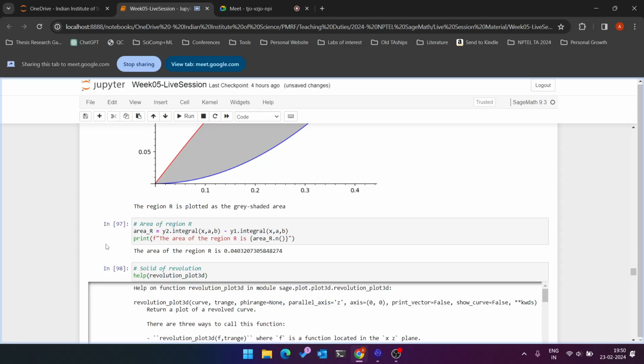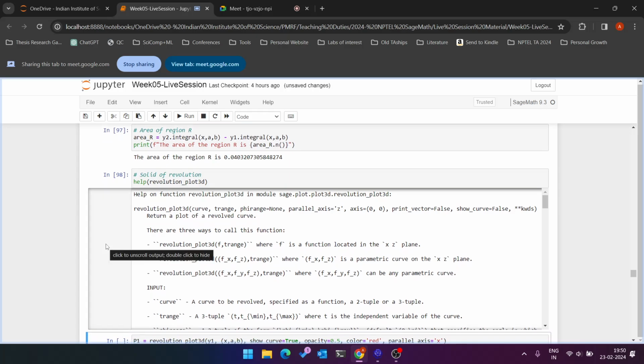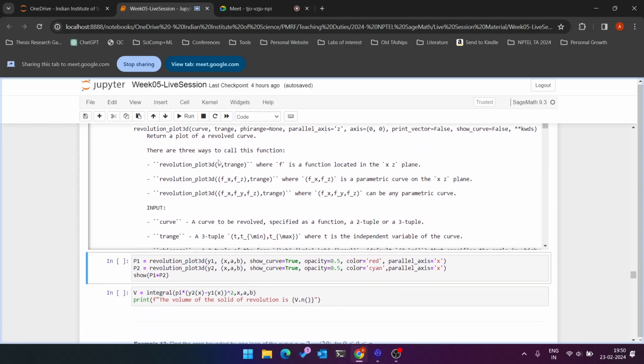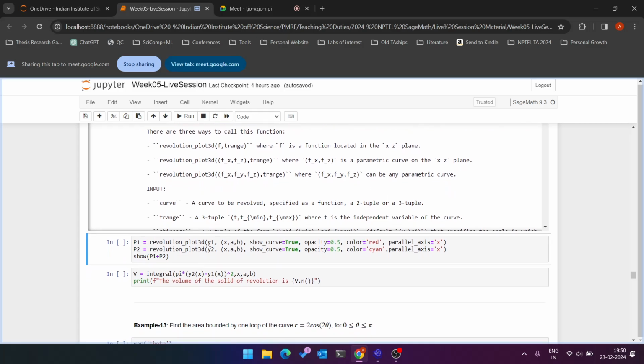Next, we have been asked to plot a solid of revolution. That is done using revolution plot 3D. I think I've already used this above. So we'll be providing it with a range and a function. What I'm doing here is plotting y1 and y2 separately as the two bounds for x going from a to b, with two different colors.